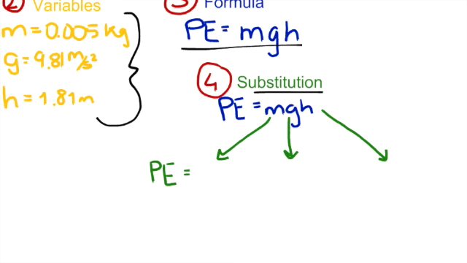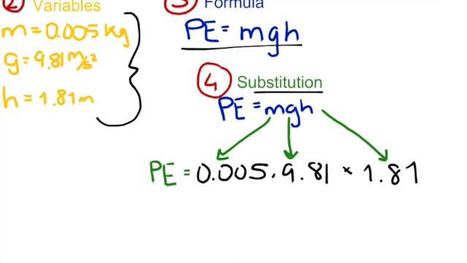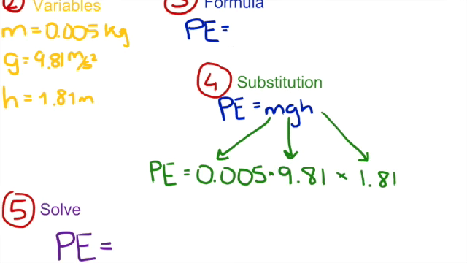So for mass, we're going to plug in 0.005. That will be multiplied with 9.81, our value for gravity, which will then be multiplied by 1.81, which is our height.